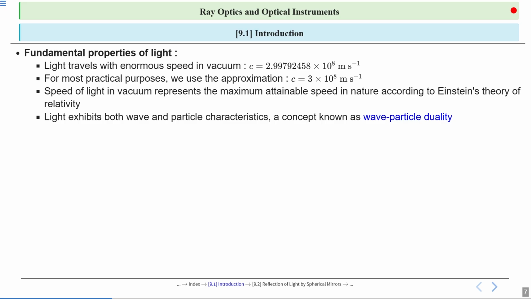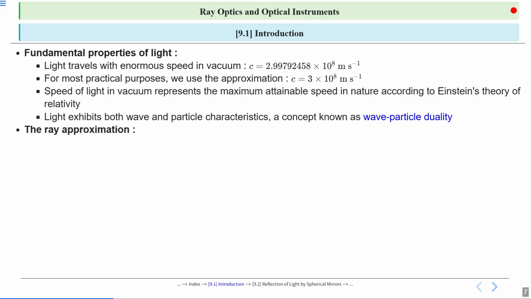Energy associated with a photon of a specific electromagnetic wave having frequency nu is given by E equal to h nu. It also shows wave nature, in which electric and magnetic fields are time varying, mutually perpendicular to each other and perpendicular to the direction of propagation of the wave.